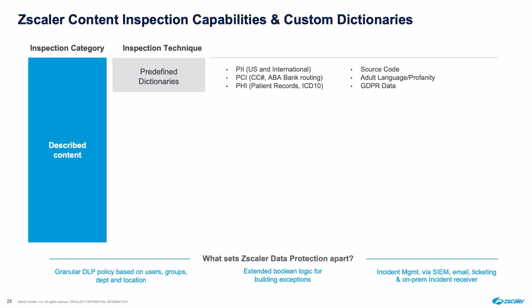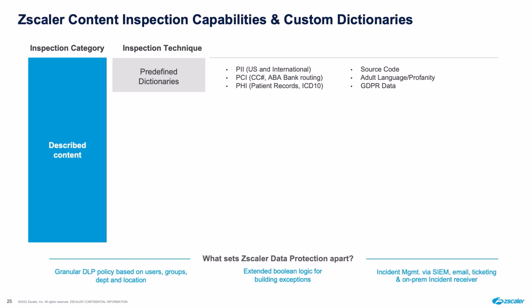If you are trying to protect PII data, it is perhaps someone's social security number in the US, but UK tax ID number for UK users, or Canadian SIN numbers, or different countries, they have different PII IDs. So we support hundreds of them today. On the PHI side, we are looking at ICD-10 codes, CPT codes, different medical dictionaries and things like that.